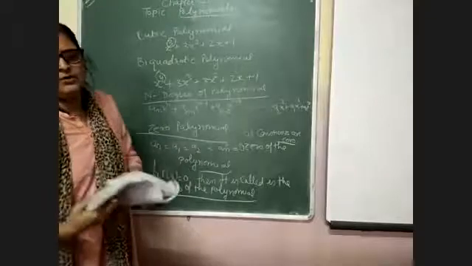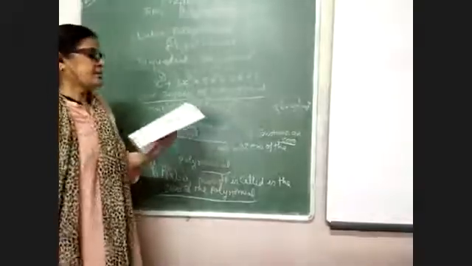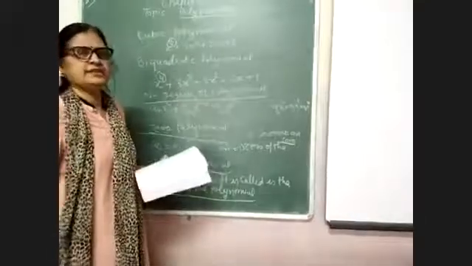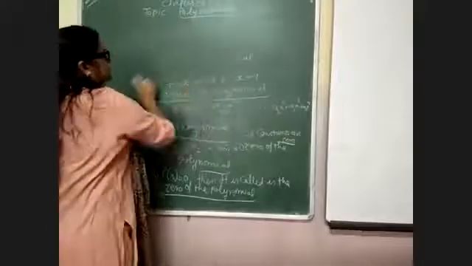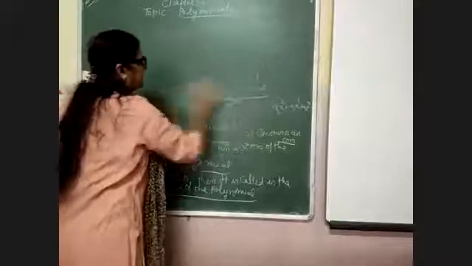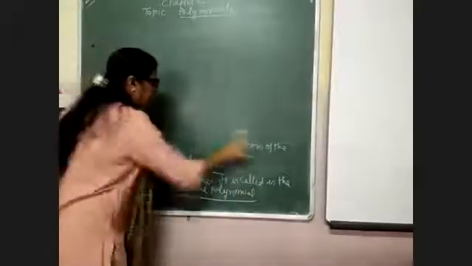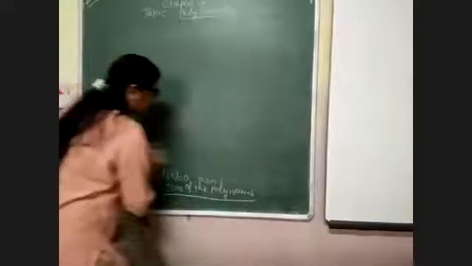And now I will give you some examples and you identify the polynomial on the basis of terms and on the basis of degree. Again I am repeating, how many types of polynomial are there?